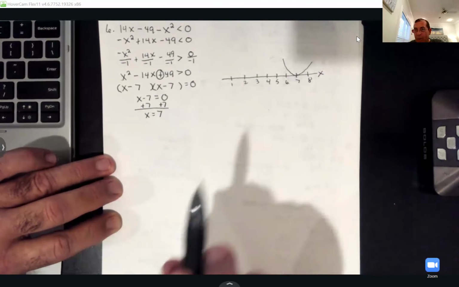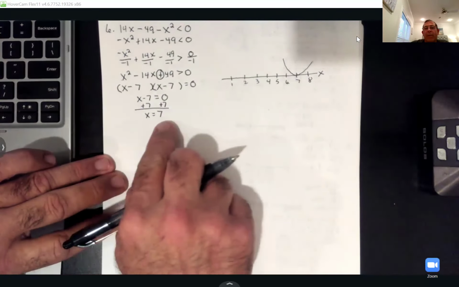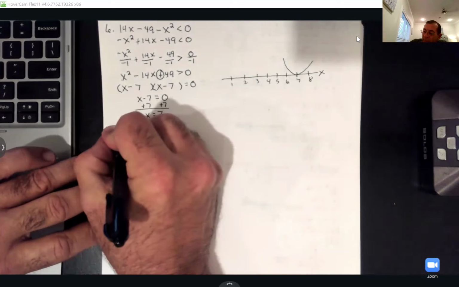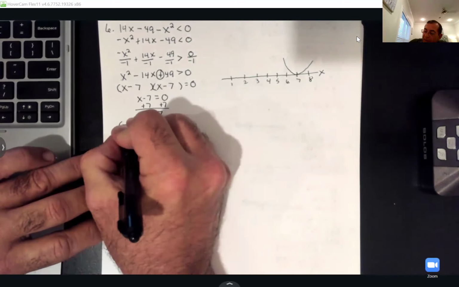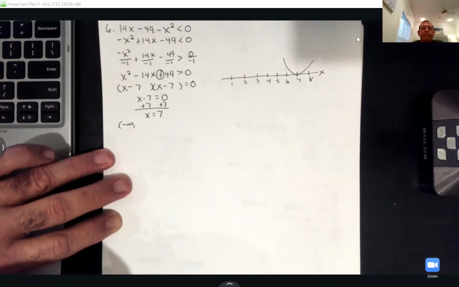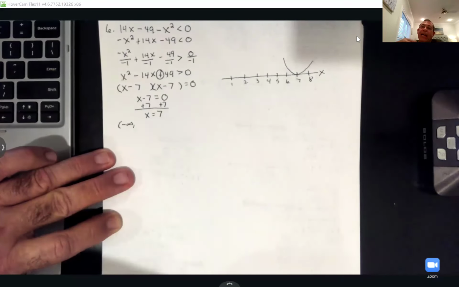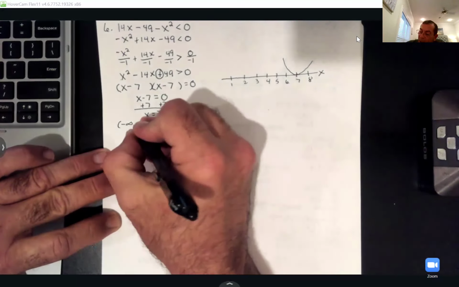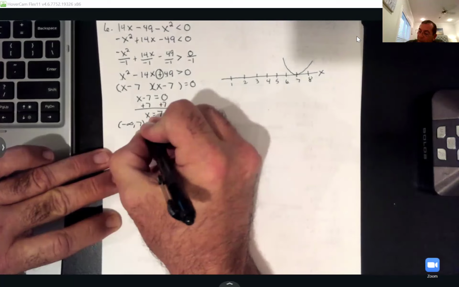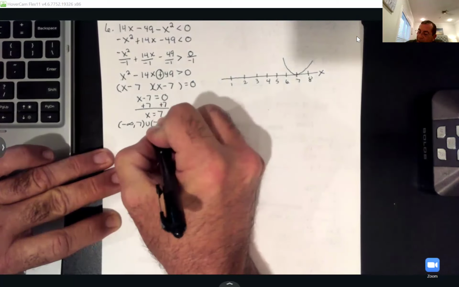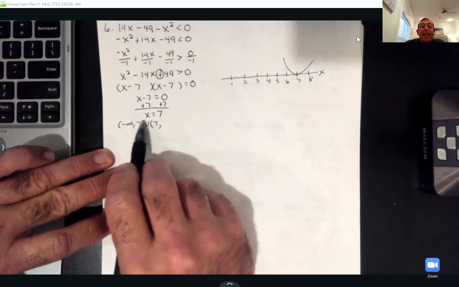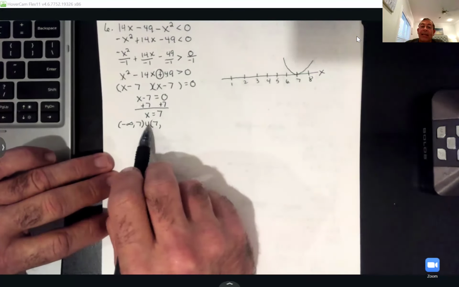greater than 0, okay? So if I'm excluding one number, I'm going to start at negative infinity. And this is just like doing the domain problems. I go to 7, parentheses. So the parentheses kick it out, remember, because it ain't got the equal in it.